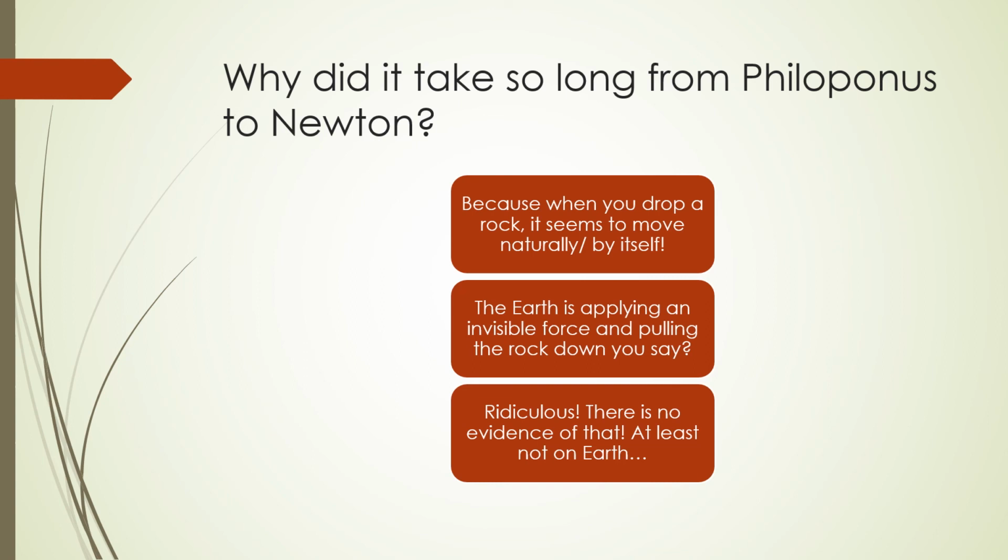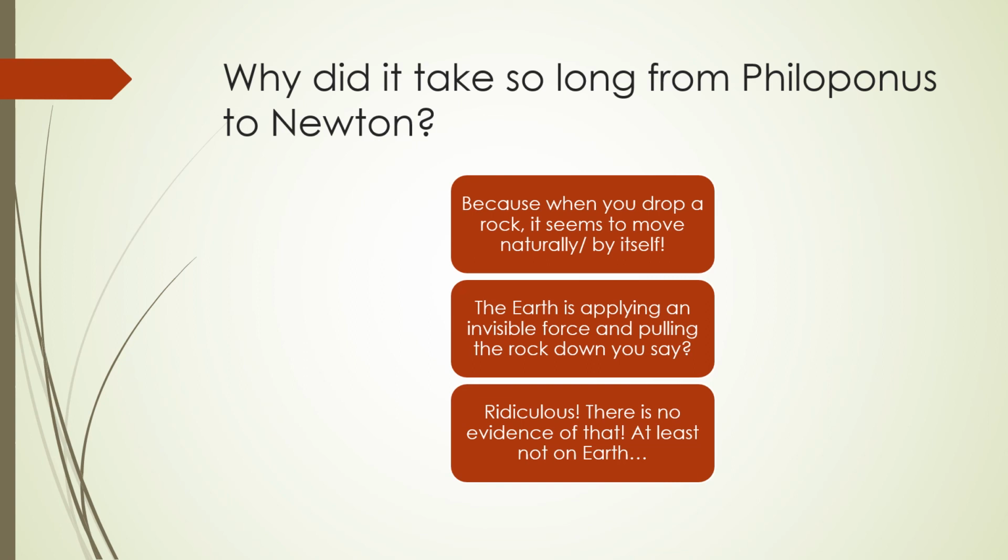You might say, well, of course, it should be obvious that the Earth is what's pulling down the rock. It's this invisible force of gravity. And I say ridiculous. That's not obvious. There's actually no evidence of that.